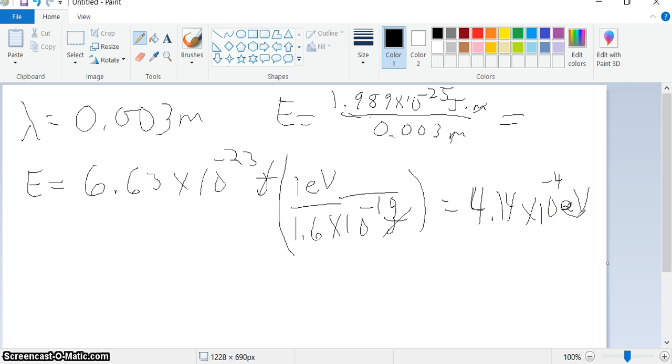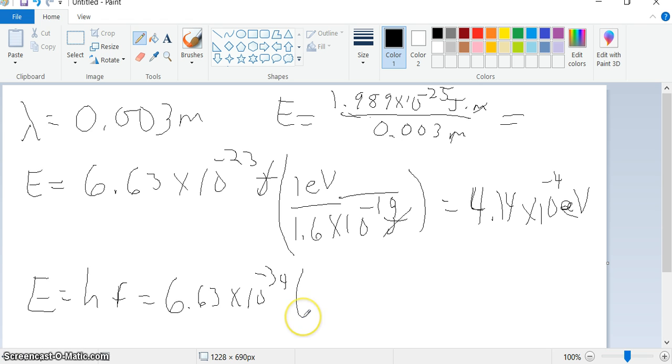All right, and I promised you I was going to show you the other way to do this, so let's do that more directly. The energy is equal to Planck's constant, h, times the frequency. Remember Planck's constant is 6.63 times 10 to the minus 34th.